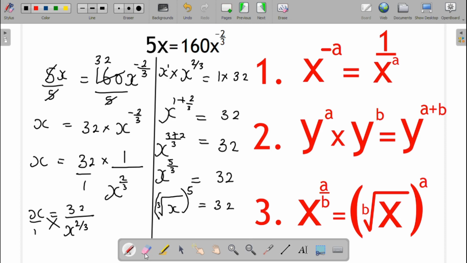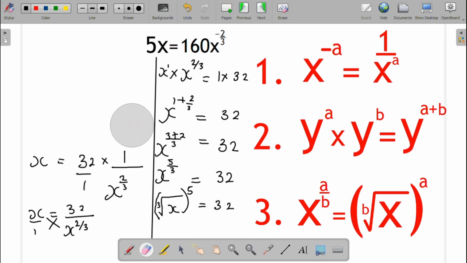Now, let me clean up so we can have space to solve. Now, 32 can be expressed as 2 times 2 times 2 times 2 times 2. 2 times 2, 4. 4 times 2, 8. 8 times 2, 16. 16 times 2 will give us 32.